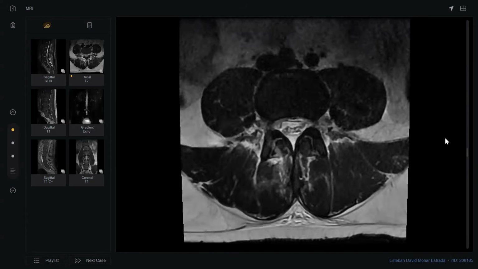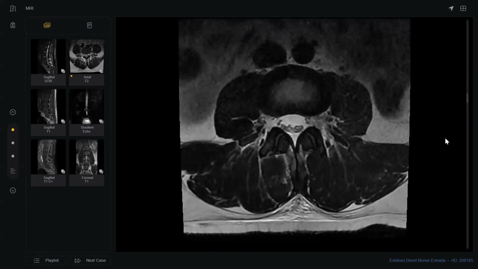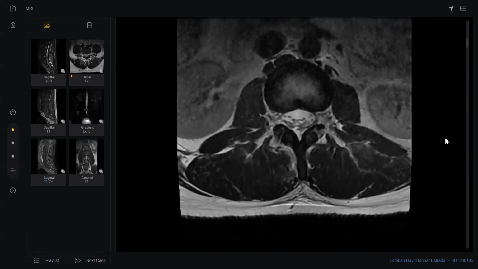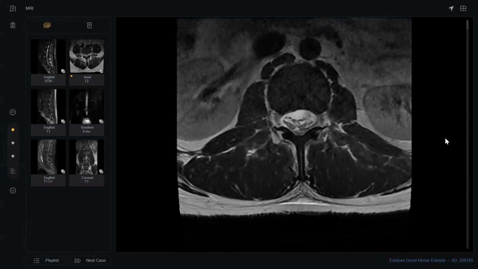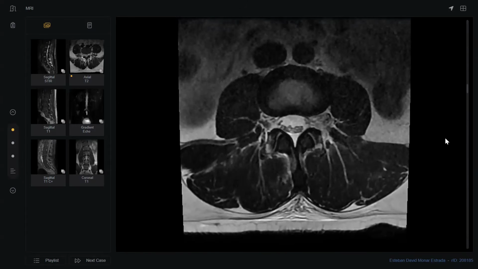However, I cannot see any disc bulge, and there is no evidence of mass lesion within this sequence. Here I can see that there is posterior clumping of the cauda equina nerve roots. So in my routine practice, I also want to check the sagittal T2 and the rest of the sequences.